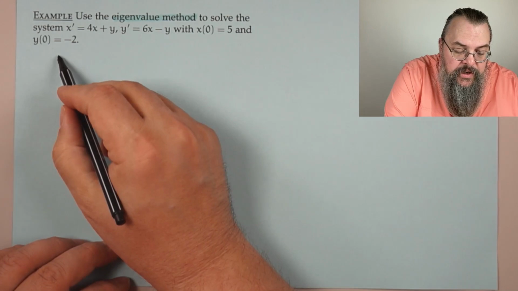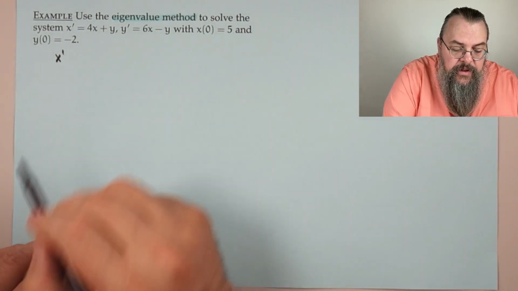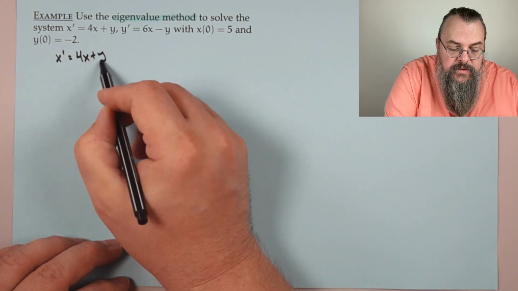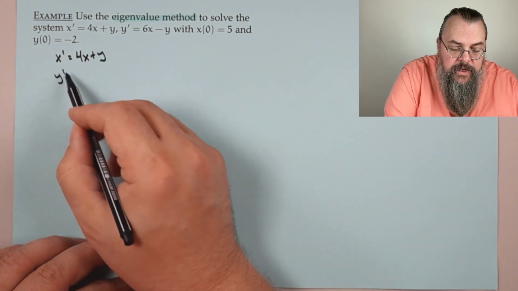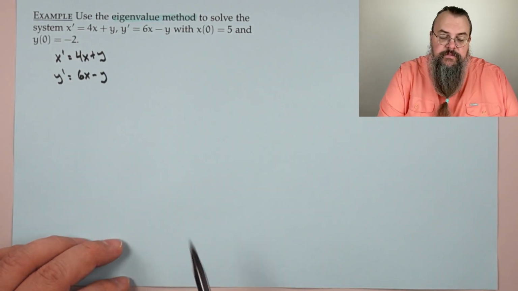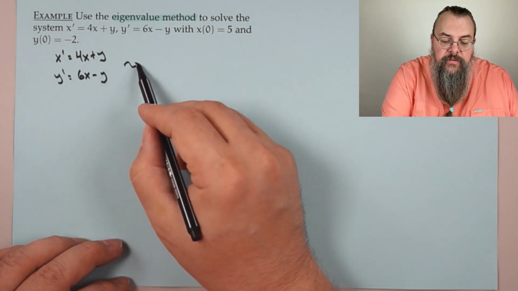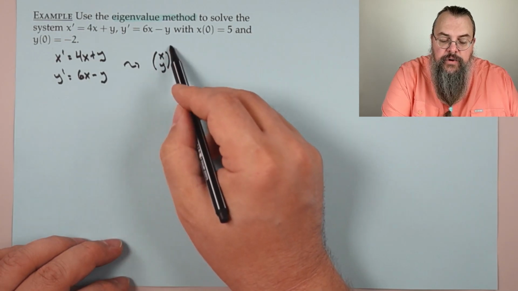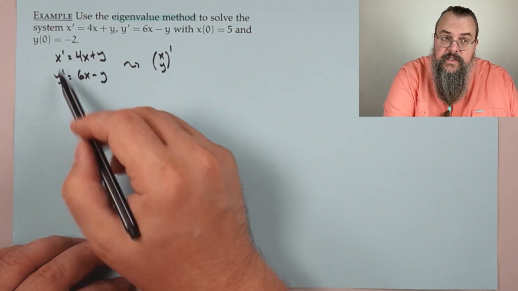Here's the way it's been written: x prime is 4x plus y, and y prime is 6x minus y. That's our system. And we can rewrite this as the vector x, y prime. Okay, that's the left-hand side.